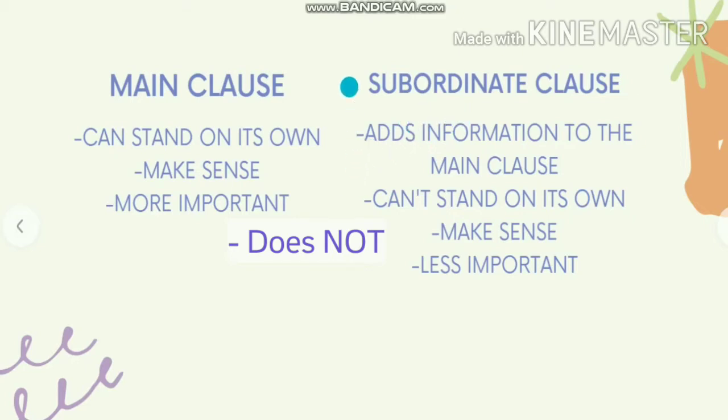And how about the subordinate clause? It adds information to the main clause about why, how, when, or where. And it cannot stand on its own. Sorry, this one should be: it doesn't make sense. And compared to the main clause, the subordinate one is less important.